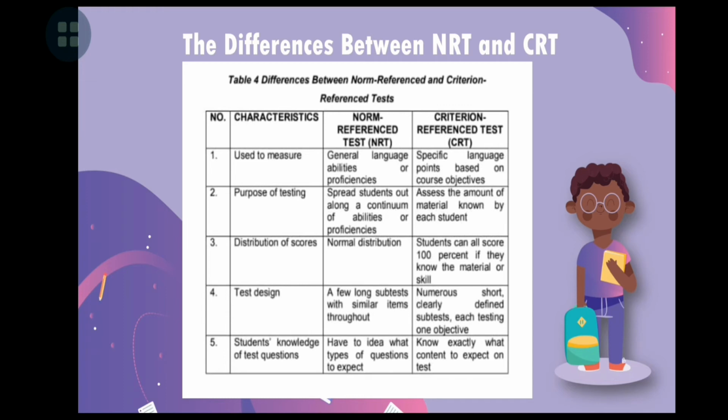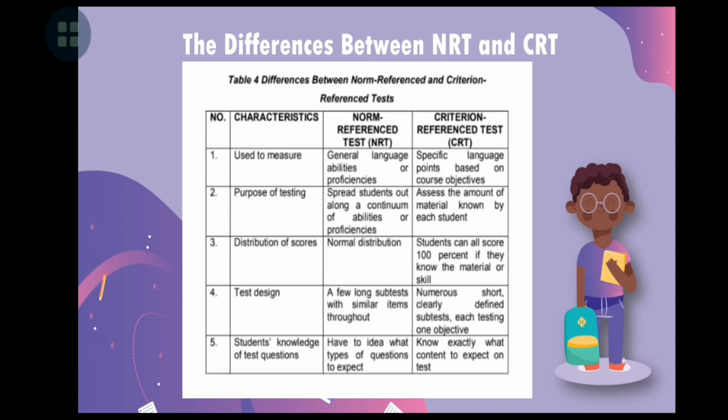Because of this primary distinction, other differences occur in practice. The first is the kind of things that they are used to measure. NRT uses general language abilities or proficiencies, while CRT uses specific language points based on course objectives.